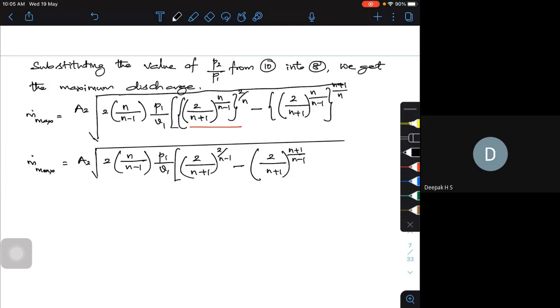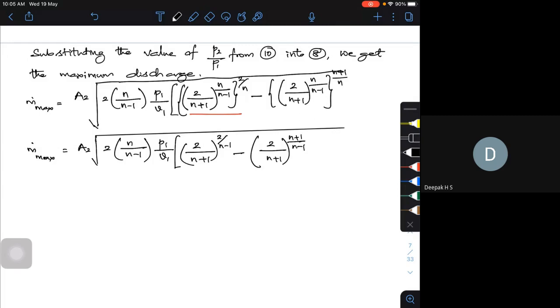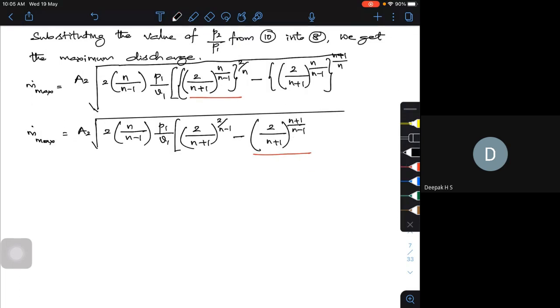Now if I take the term 2/(n+1) outside, what will happen? This is all simplification, that's it.